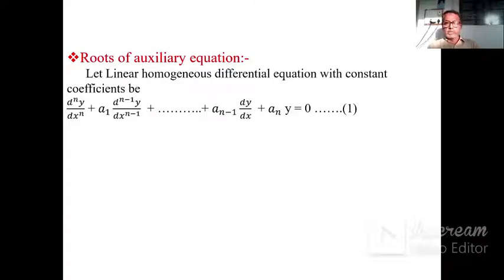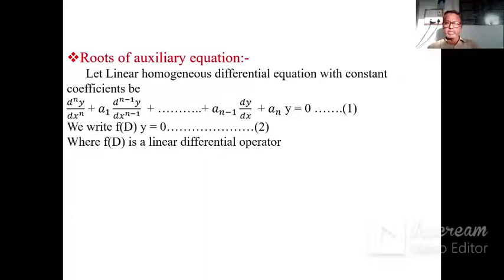I will repeat this again: the nth order homogeneous linear differential equation with constant coefficients is d to the power n y by dx^n plus a1 d^(n-1) y by dx^(n-1) plus ... a_(n-1) dy by dx plus a_n y is equal to 0.